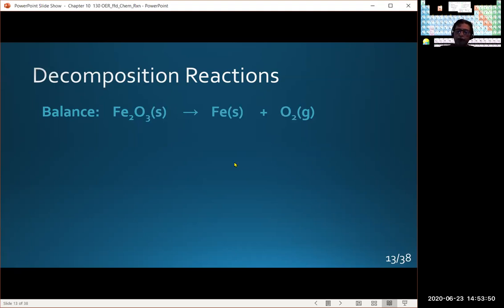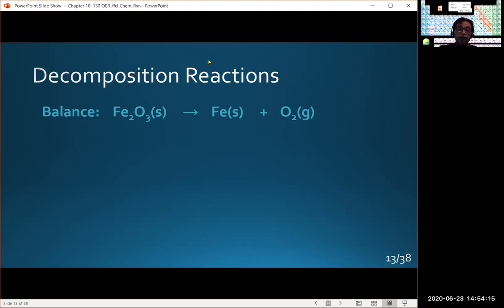Now we got to balance it. You can follow the oxygens here. Notice that there are 3 oxygens in the iron(III) oxide, and 2 as a product as oxygen. So I can probably do a 2 in front of iron(III) oxide and a 3 in front of oxygen. That balances out my oxygens.